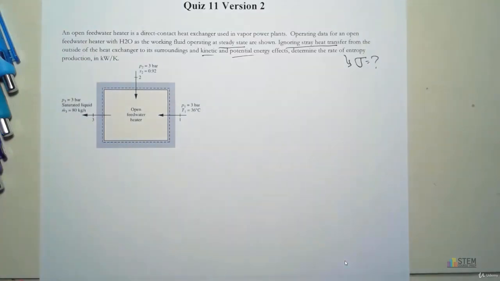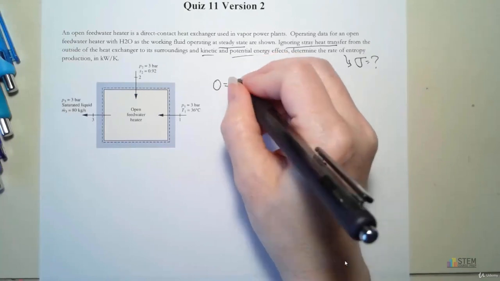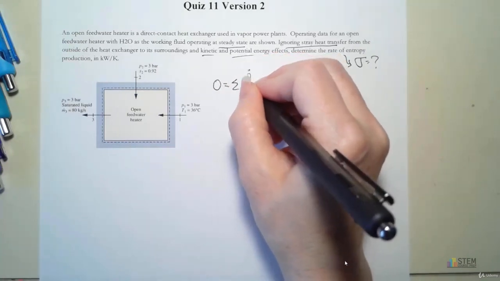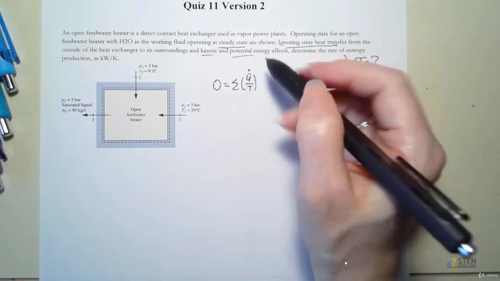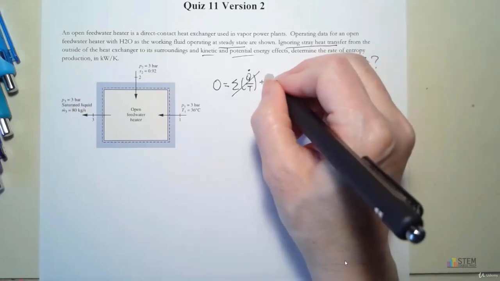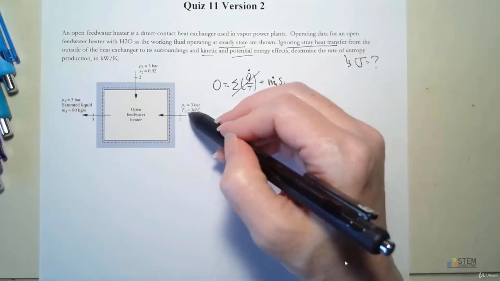Now, if we were to go through and write that out, let's see what that looks like. It's steady state, so it's going to be 0 on that left side. You'll have the sum of Q dot over T. Here we are ignoring all the transfer to the surroundings. That goes away. Then we're going to have plus m1 dot s1. That's an inlet.